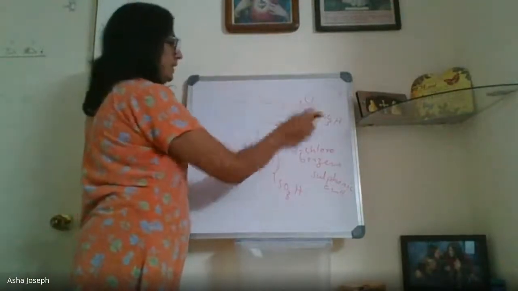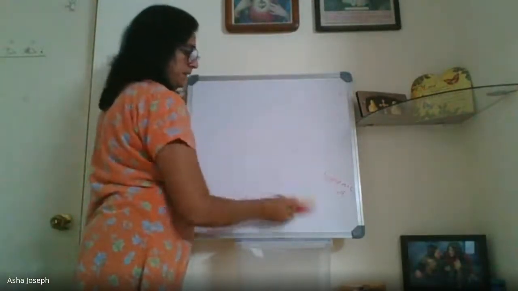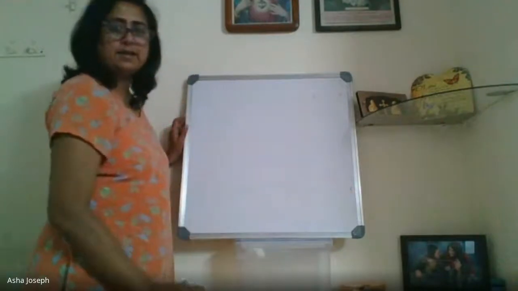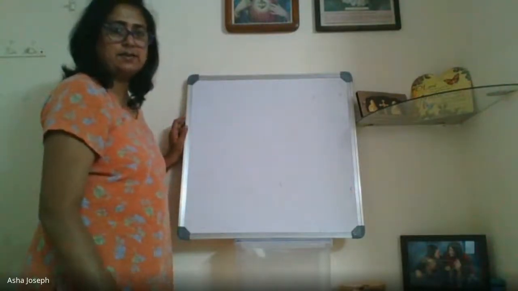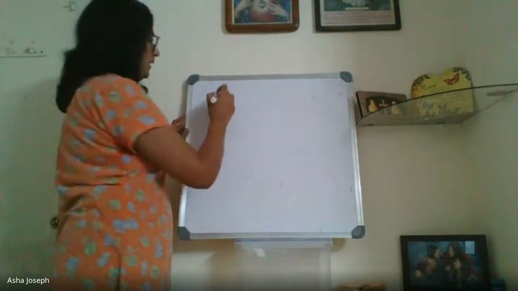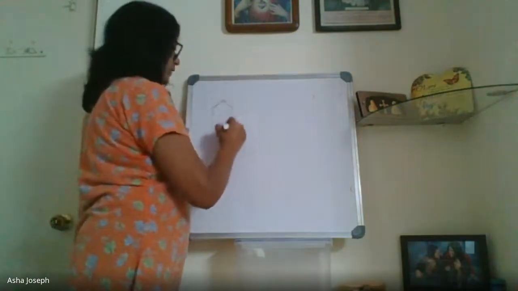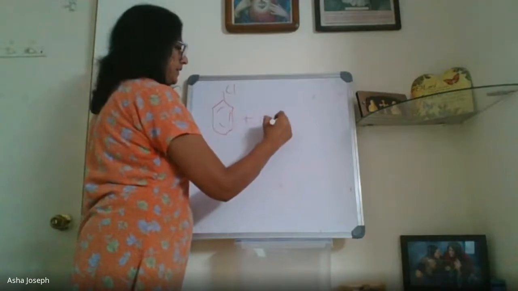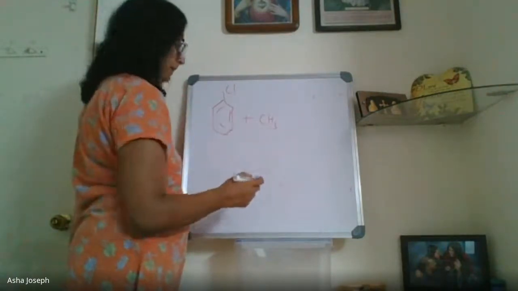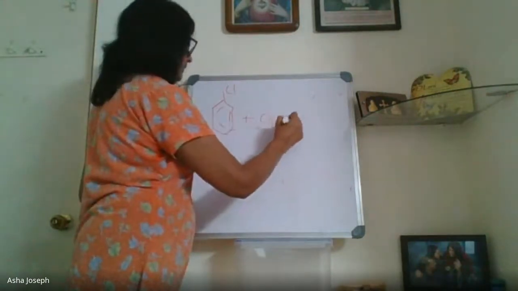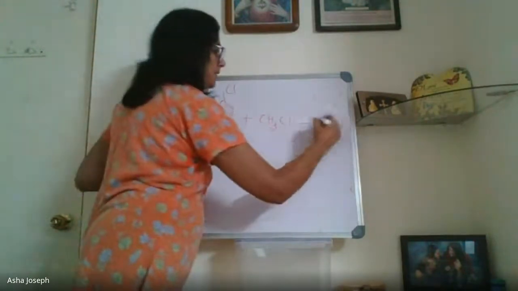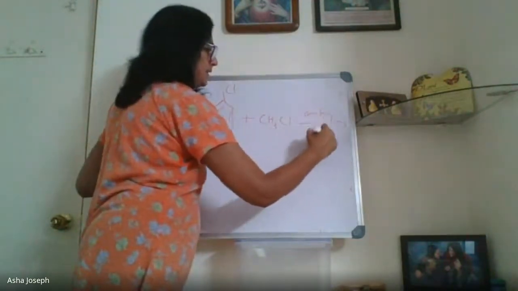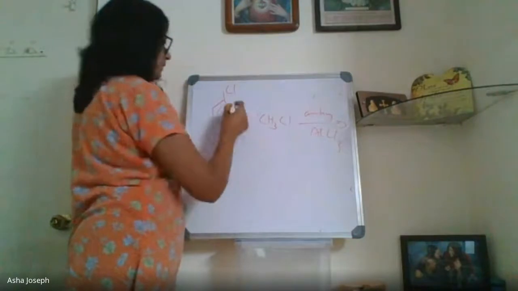Now the next reaction is alkylation. Alkylation is called Friedel-Crafts alkylation. Last year you learned, so I am going fast. Okay, so what is required? You have to take an alkyl halide. So if I take CH3Cl in presence of anhydrous aluminium chloride, what happens?